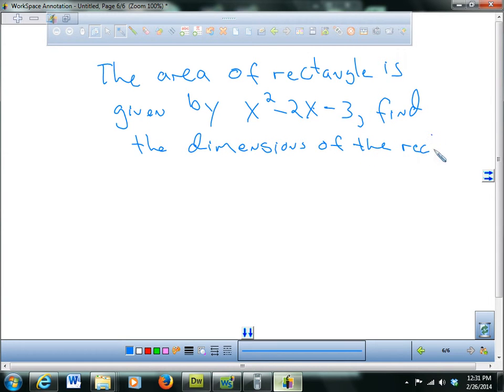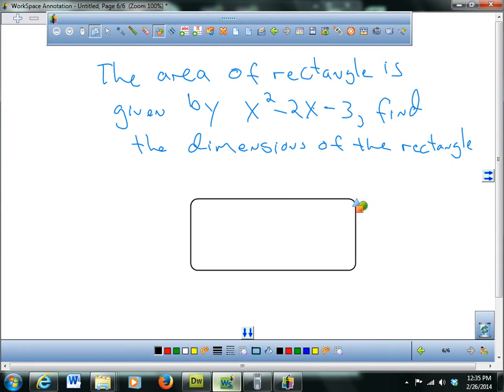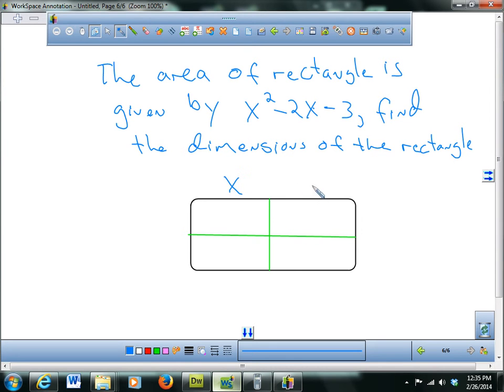So basically, this is really the same exact type of problem in disguise. Because what you're talking about here is a rectangle, and one of the sides is going to be x plus or minus something, and the other side is going to be x plus or minus something.